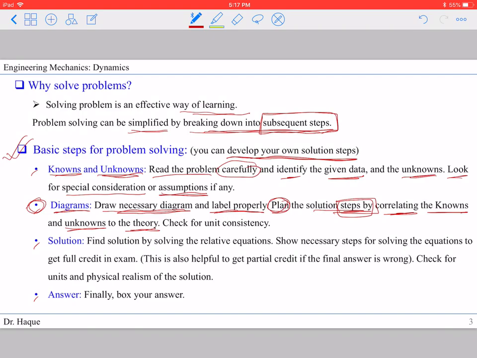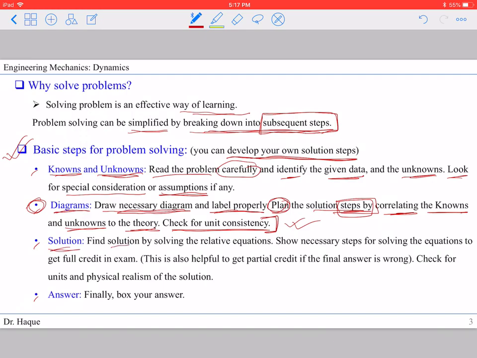And just a cross check before we go to the solution, we have to check if the units are consistent. Sometimes in a given problem, the units of the data are not in the same standard unit. Then we have to convert them into the same standard units. Once we're done with this, then we can move to the solution.